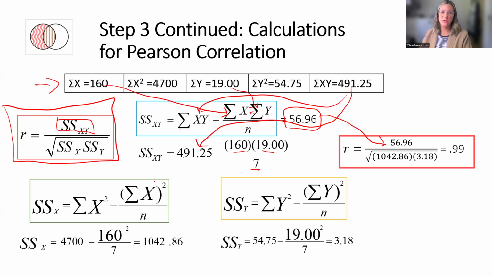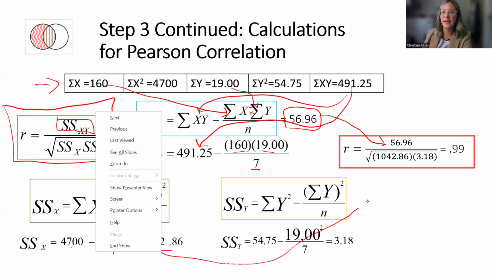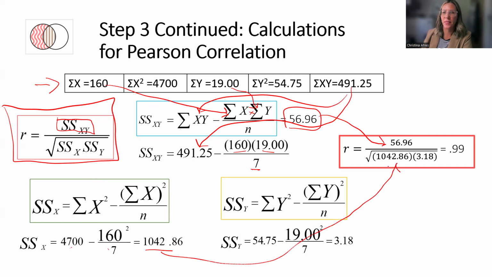Then you just need to do the sums of squares for your x variable and the sums of squares of the y variable. As you can see, here's your sums of squares x. You have 4,700 as your sum of x squared, 160 is your sum of x, and the sample size. So sums of squares x is 1042.86. It goes right here.